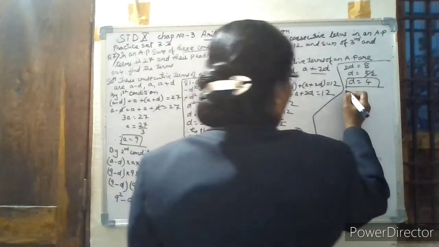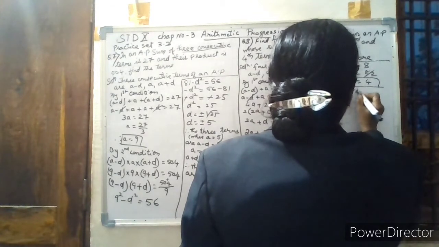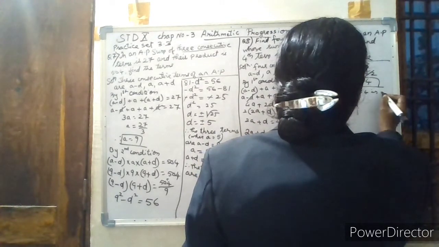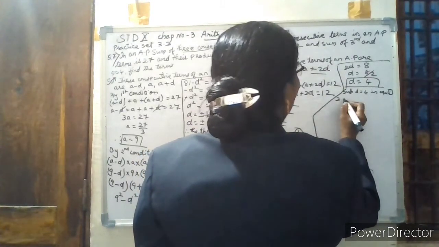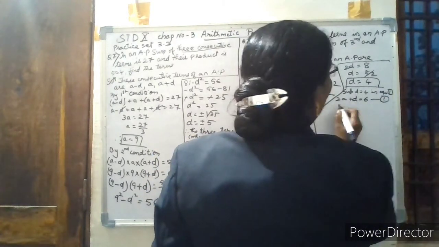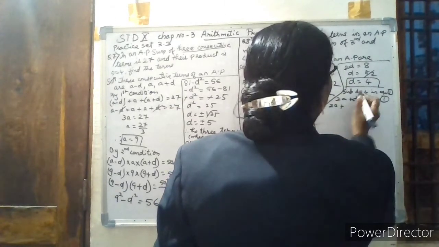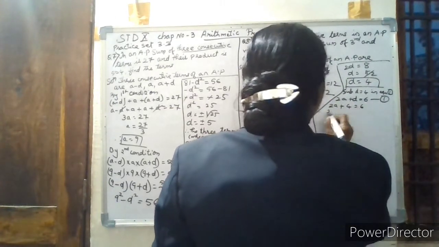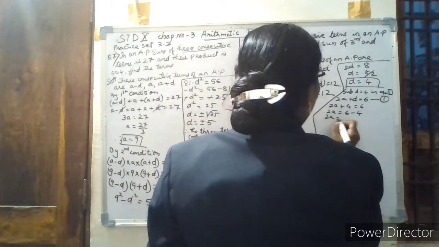Now substitute this d value, d equal to 4, in equation 1. Equation 1 is 2a plus d is equal to 6. With the d value, 2a plus 4 is equal to 6. So 2a is equal to 6 minus 4, so 2a is equal to 2 only.